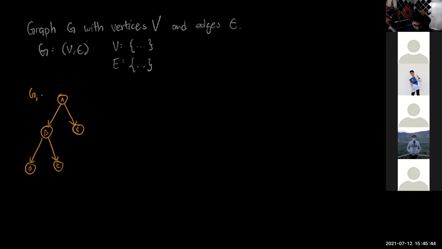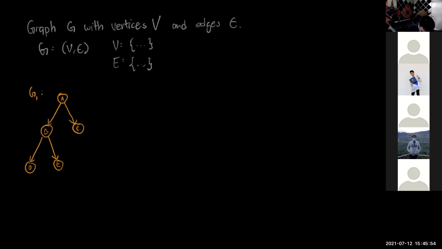And this is essentially a binary tree, where you have two children spawning from a single parent. So let's list the edges here. So G1 is equal to, let's say, V sub 1 and E sub 1, where V sub 1 is equal to A, B, C, D, and E.